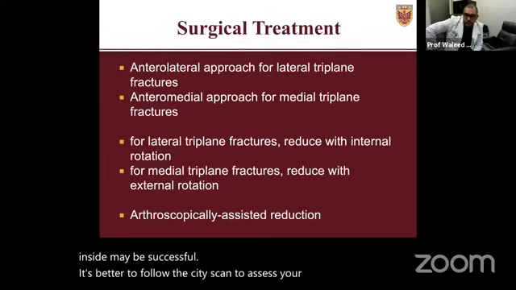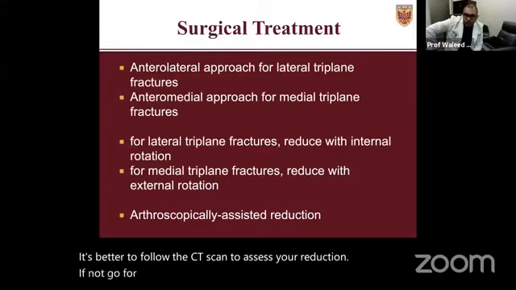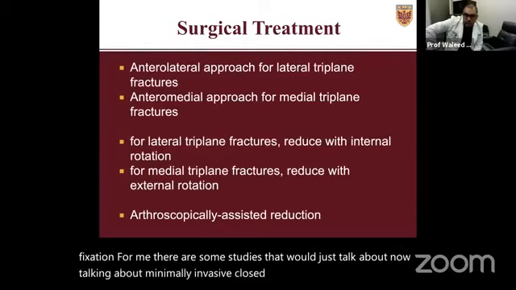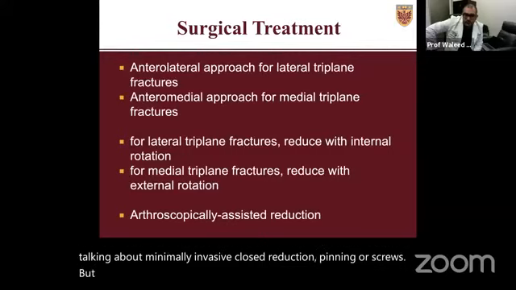If not, go for surgical treatment. The best thing is open reduction, internal fixation. There are some studies we'll talk about now, talking about minimally invasive closed reduction with pinning or screws. But still the standard of care is open reduction.